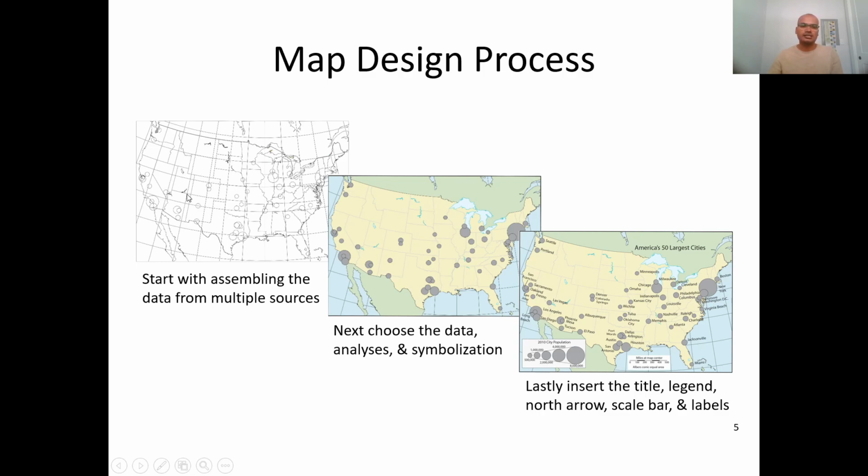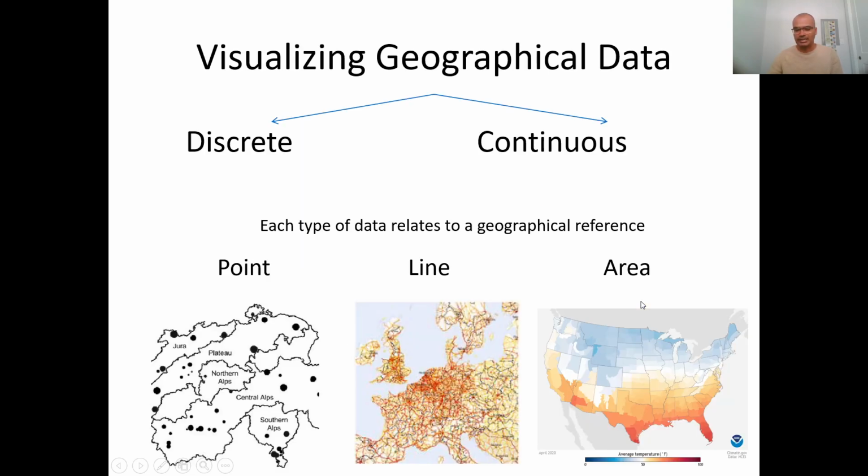So it starts with data assembly and moves to data into information and symbolization, and it finally comes out with the proper layout. So this is what we call the map designing process.